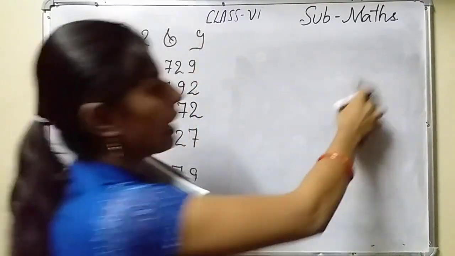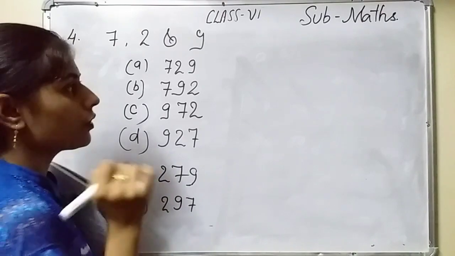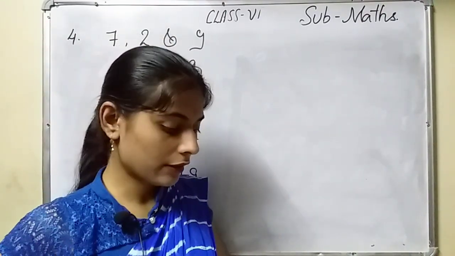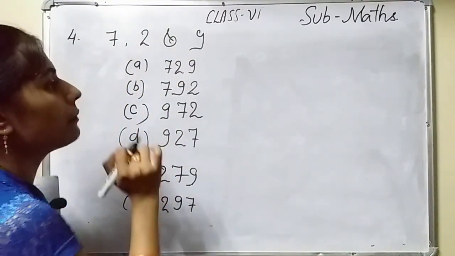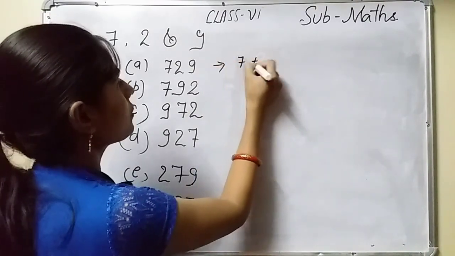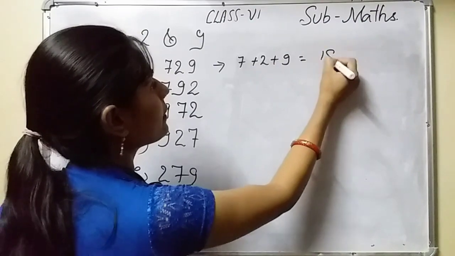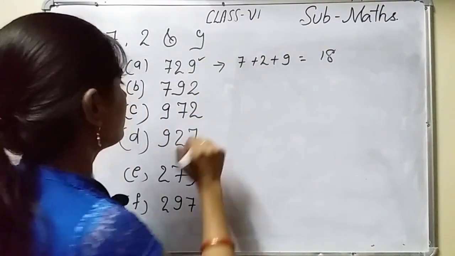Now see, how many of these numbers are divisible by 3? You have understood the divisibility rule, how to find the number that is divisible by 3. Just get the sum. 7 plus 2 plus 9 is 18. 18 is divisible by 3, which means this number is divisible by 3.